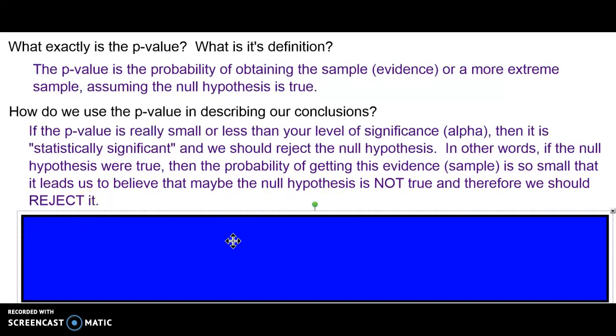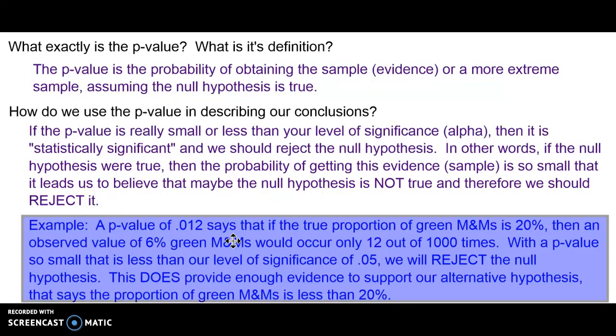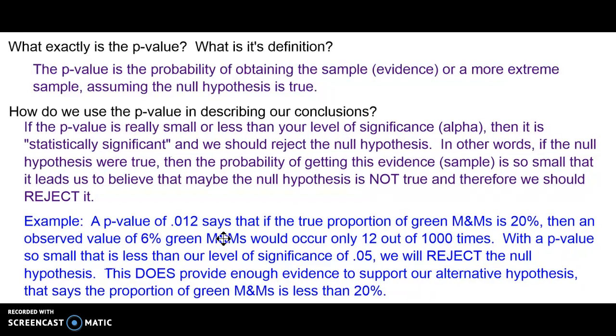Okay? So what does that look like as an example? Well, let's take a look at this example right here. Let's pretend that I did a hypothesis test for these green M&Ms, and my null hypothesis said that 20% of the M&Ms are green, or the proportion of green M&Ms is 20%. How should we write our conclusion using the p-value?